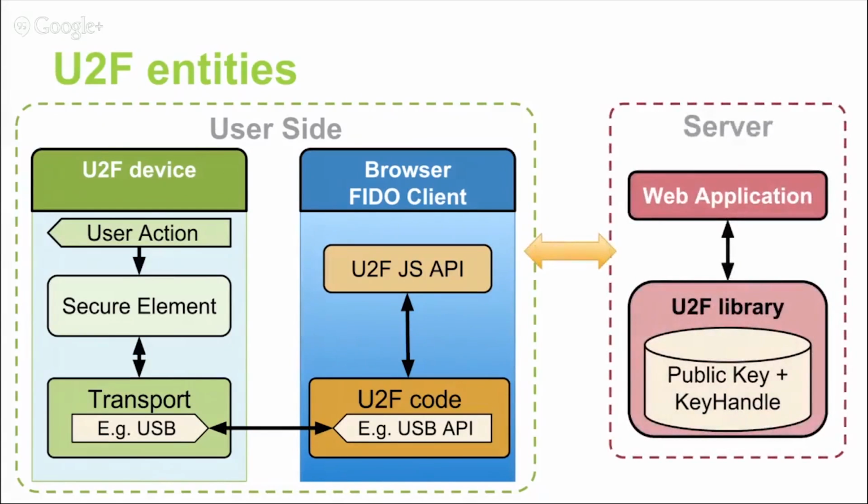And lastly, you have your web server that's running some type of web application. And to make that U2F aware, you plug in a library that handles all the server-side crypto, runs all the logic, and makes it really easy for you as a web developer to add support. So what's actually stored in the database there and what the U2F library does is kind of what we're going to go through now, I suppose.